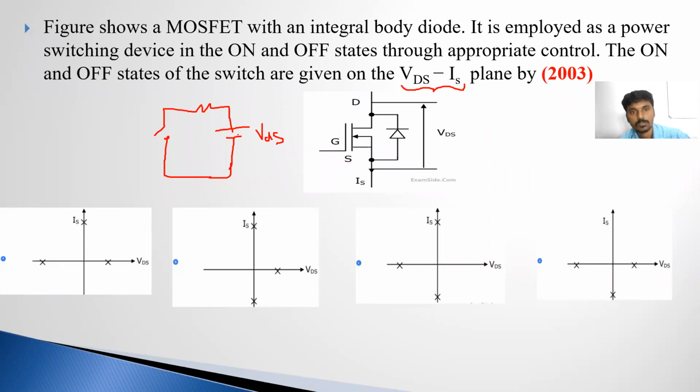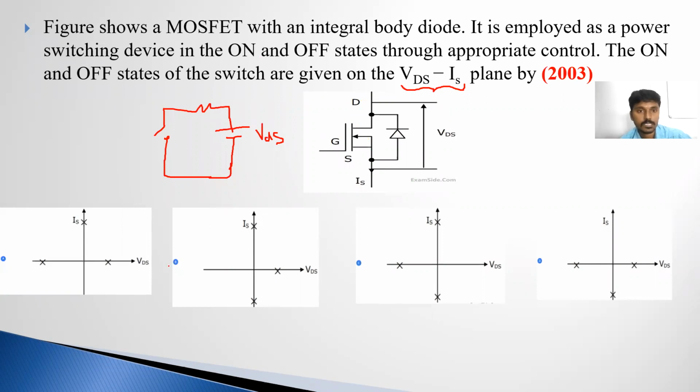Whatever voltage we apply across the drain and source terminal will act as the source voltage, the input voltage. There may be a little confusion: the voltage across the drain and source is not the voltage across the switch. It will act as a supply.